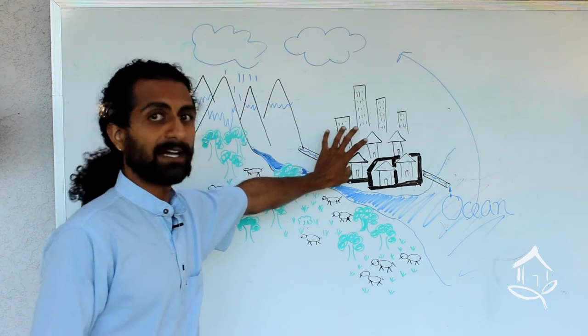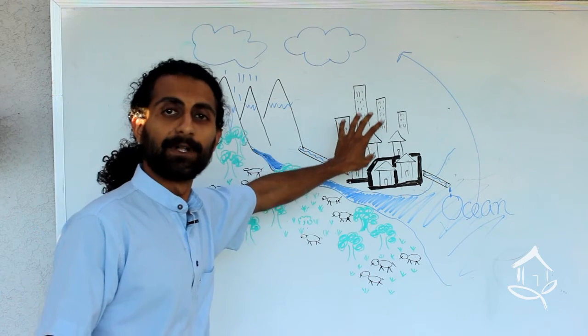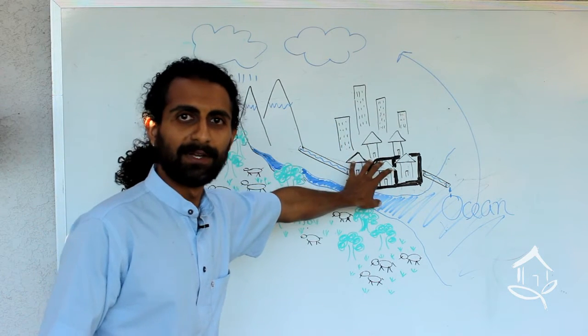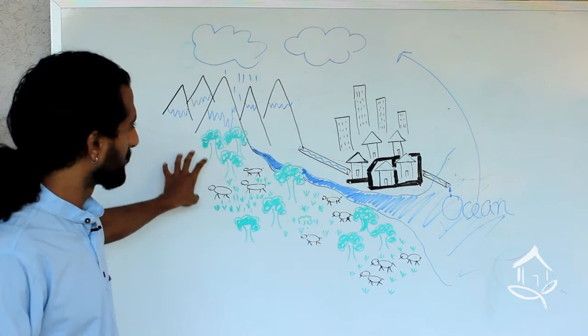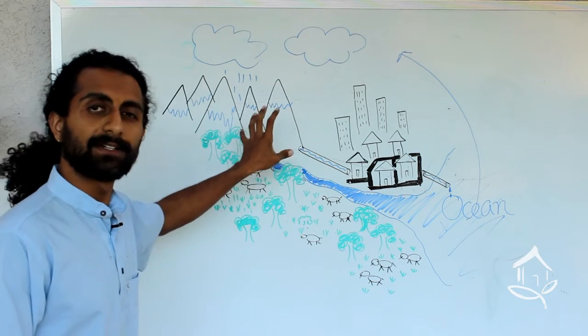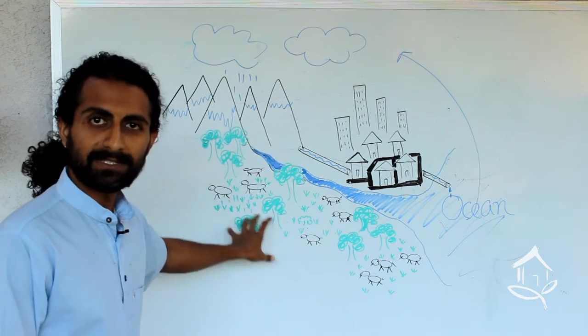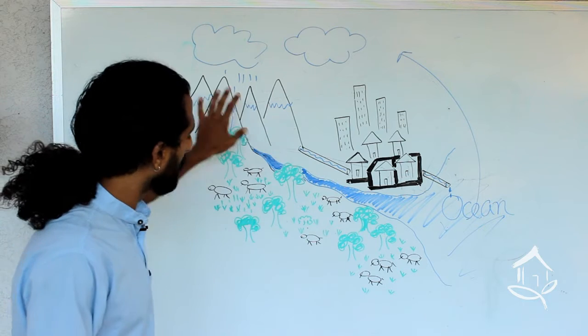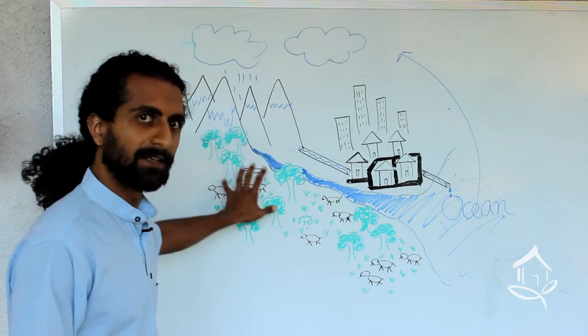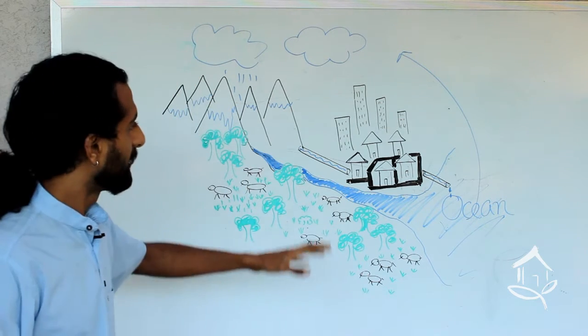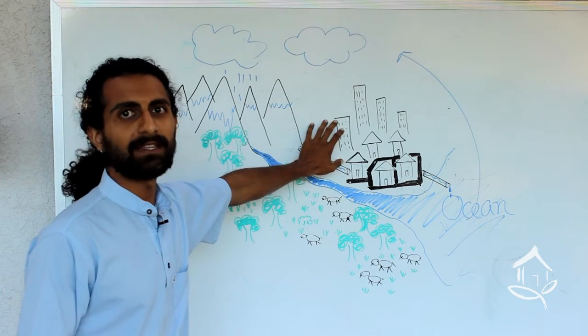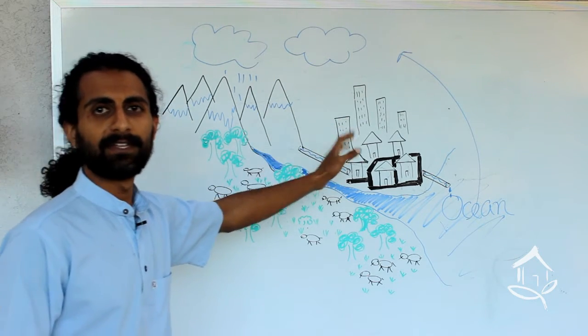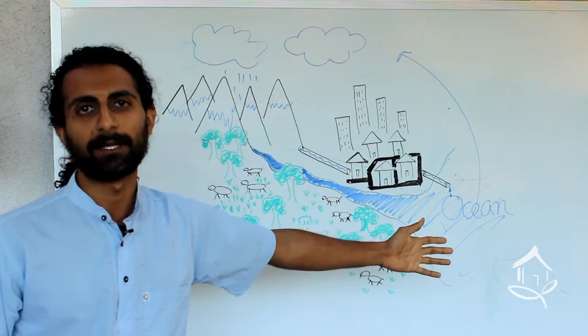Water here is not used, it's polluted and consumed. Whereas in a natural system, water is recycled, recycled, recycled, and that water moves slowly through the ecosystem. Here, the water moves very quickly. It comes down the mountains, is used once, and is just thrown away.